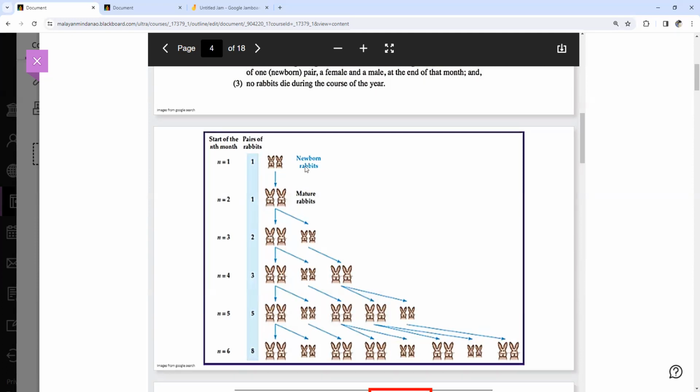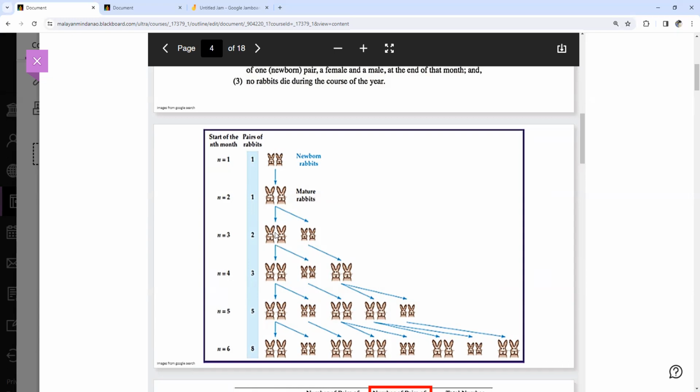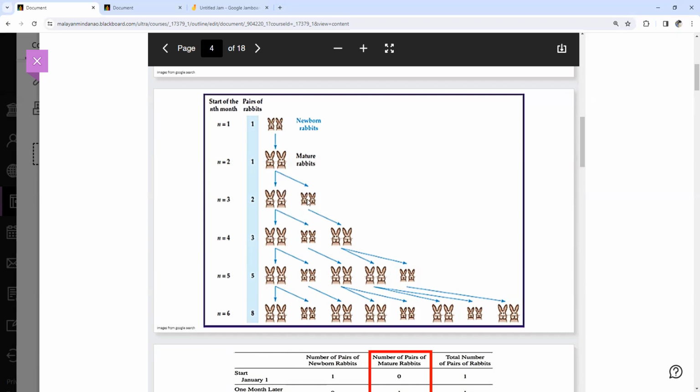So the first month, newborn rabbits. The second month, the newborn rabbits mature, and so they are able to make babies. One pair of babies. The third month, the mature rabbits are still there, but they now have a newborn.